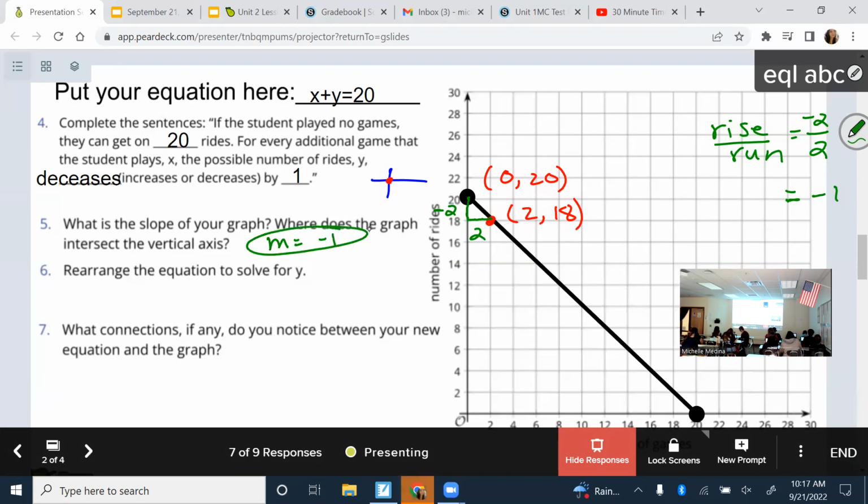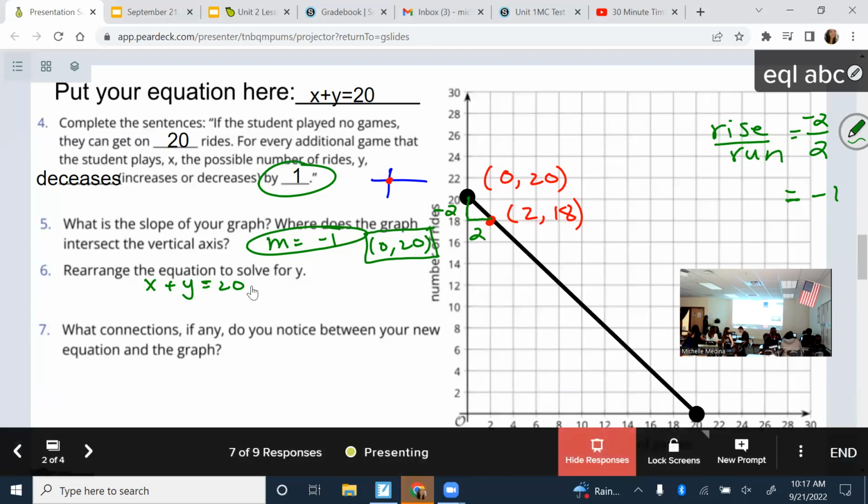Where it intersects the vertical axis, the y-axis, is at 0, 20. And notice, compare it to when we said it decreases by 1. It does decrease by 1, so that has a relationship. The rearranging to solve for y, what are they asking you to get by itself?